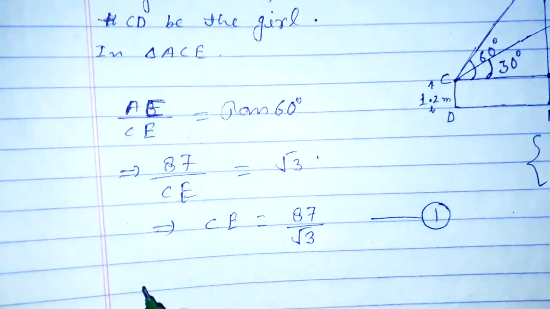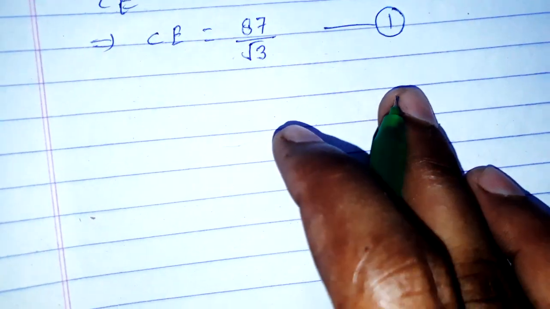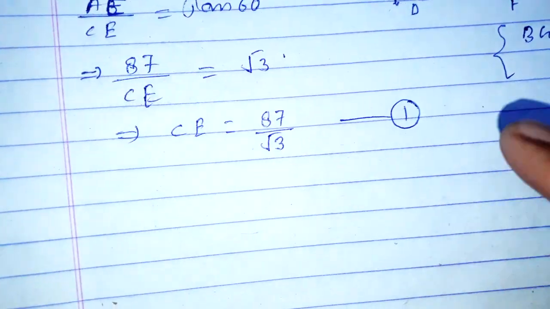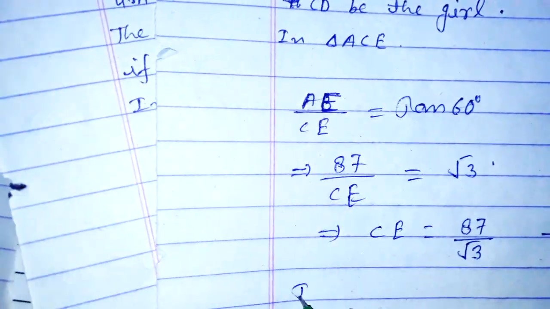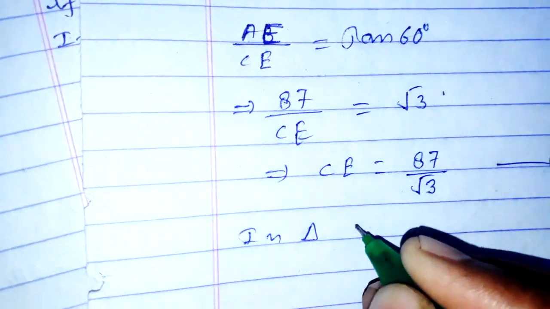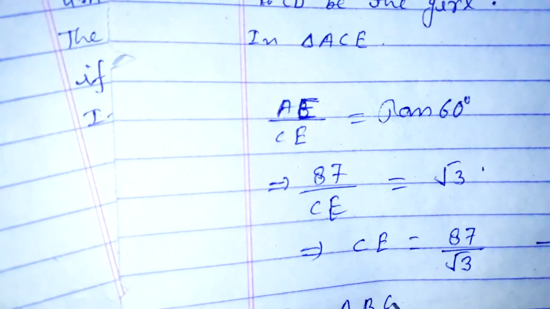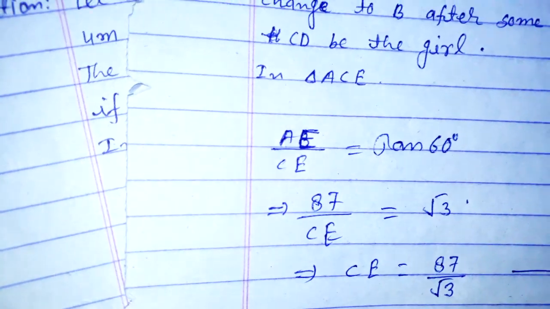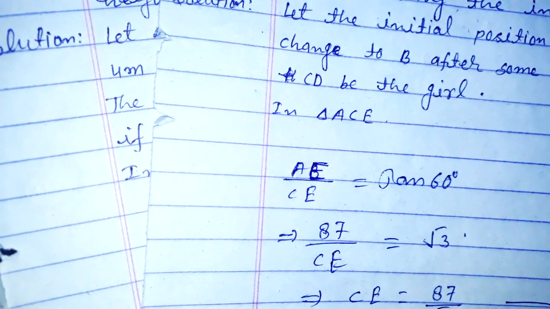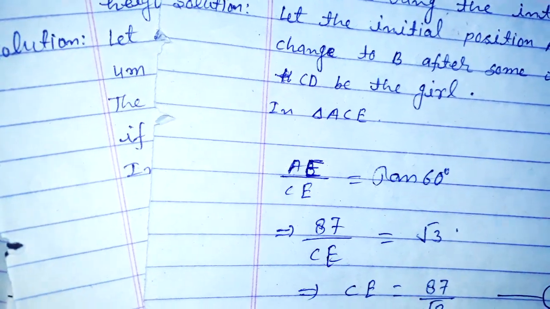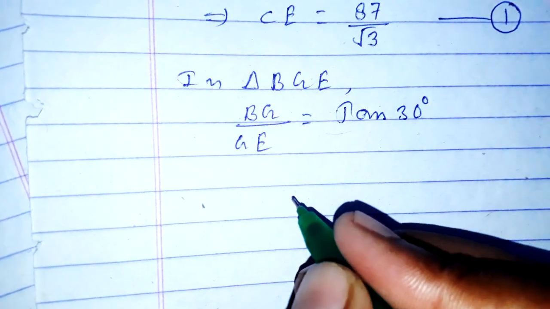Again, triangle BGC. In triangle BGC, so BG upon GC is equal to tan 30 degrees.